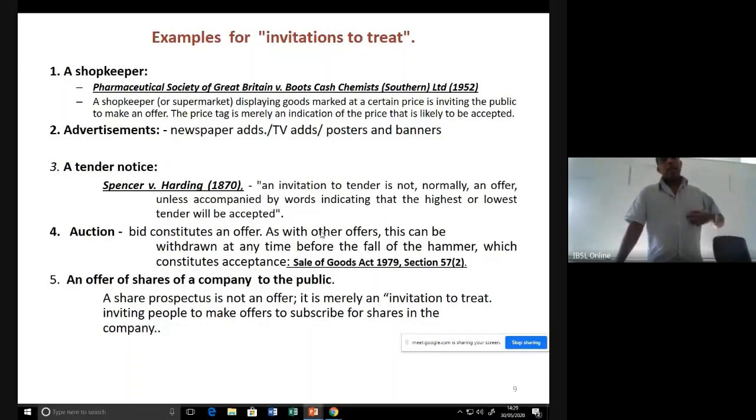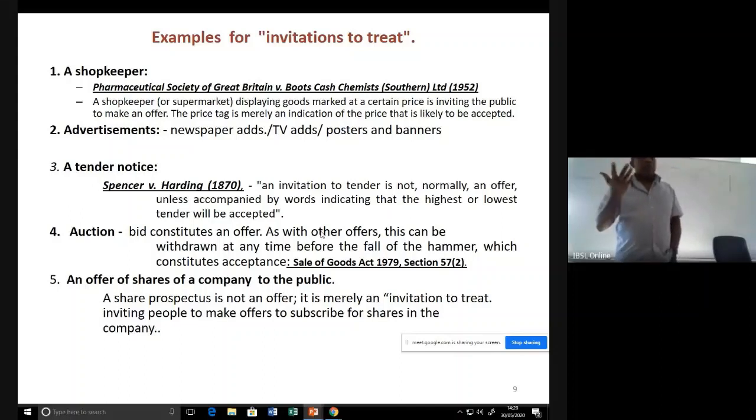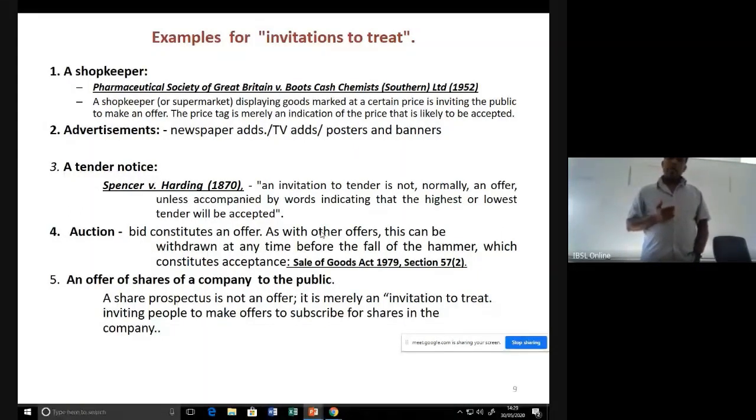So I have invited the general public, viewers or readers, to make offers. Right? When you see this, when you read this newspaper advertisement, then what do you do? Buyers call the advertiser or the seller, right?